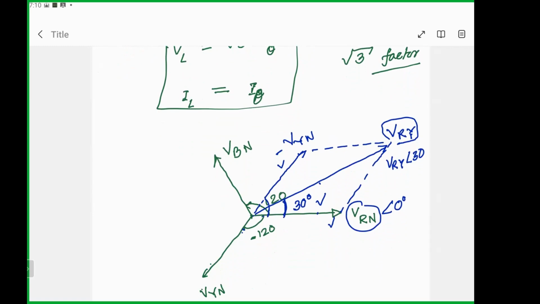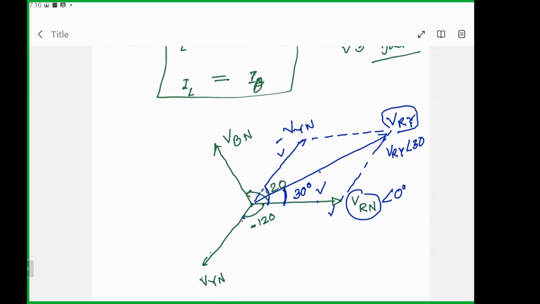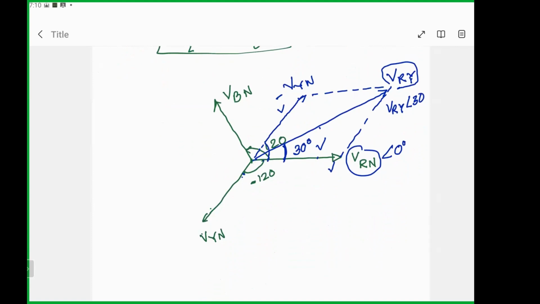Now we can draw the other phases. So the other phase voltage is similar to this one. It will be moving 30 degrees in the other direction from here. So VYB would be 30 degrees apart from this one, because you will extend this one, then probably you will get somewhere here.